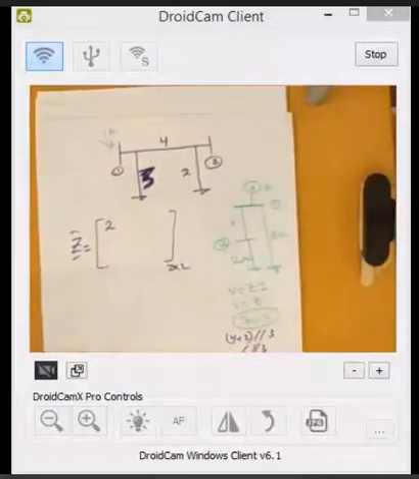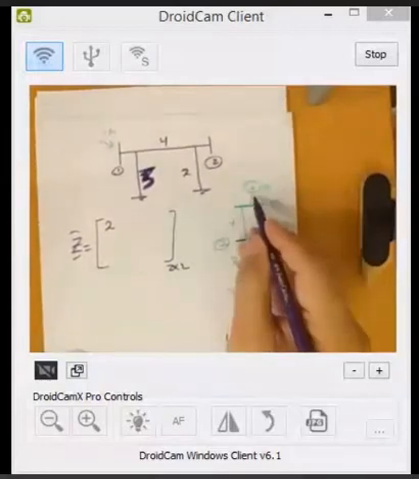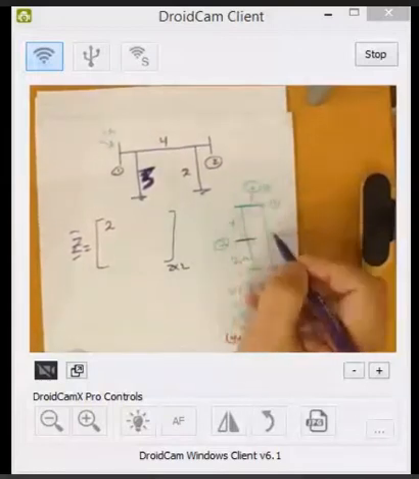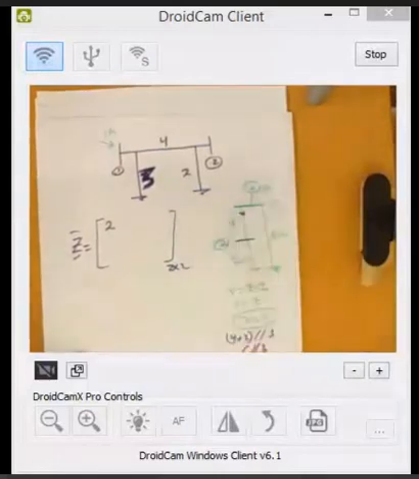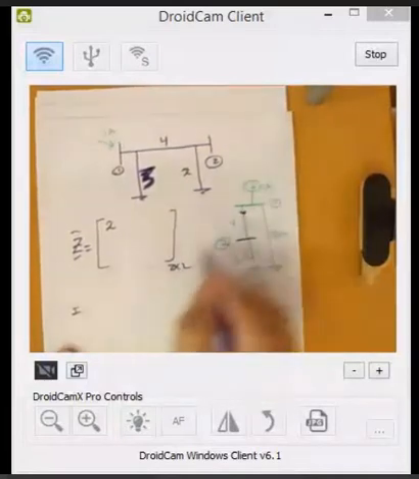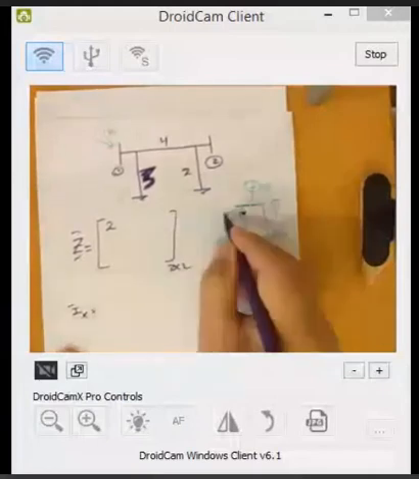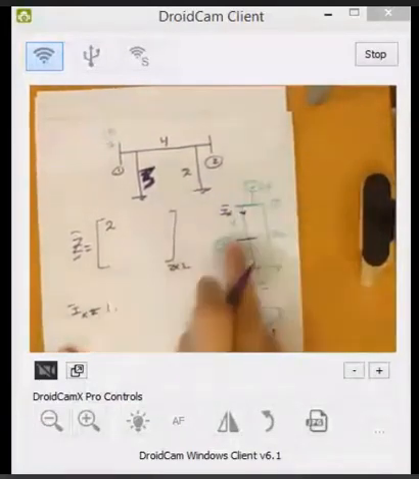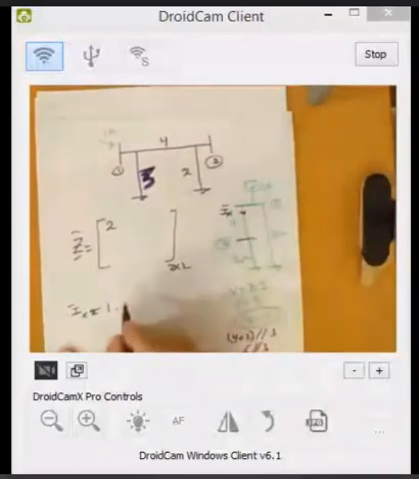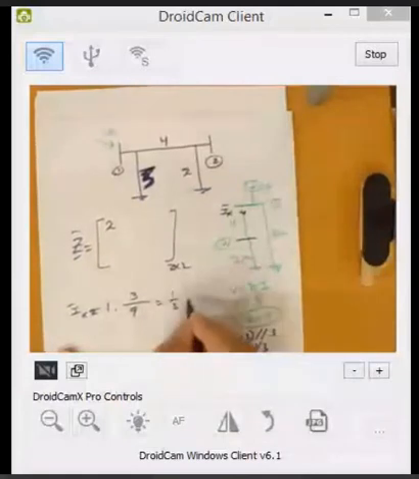How to find the voltage here? We know that this is 1 ampere, so you can use the current divider rule to calculate this current, let's say Ix, equal to 1 multiplied by 3 divided by the total, which is 9. So it is equal to 1 over 3 ampere.